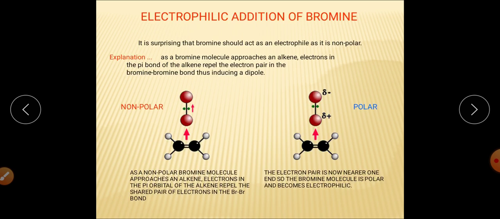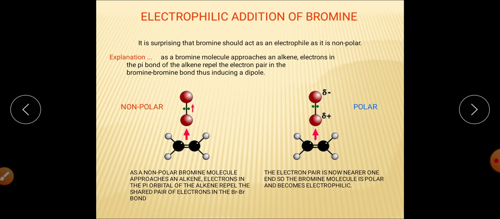When we talk about the mechanism of electrophilic addition of an alkene with bromine, as I have already told you, this reaction proceeds with formation of a cyclic intermediate, that is, a cyclic bromonium ion is synthesized during the course of the reaction. I told you there is a requirement of an electrophile in the first step.